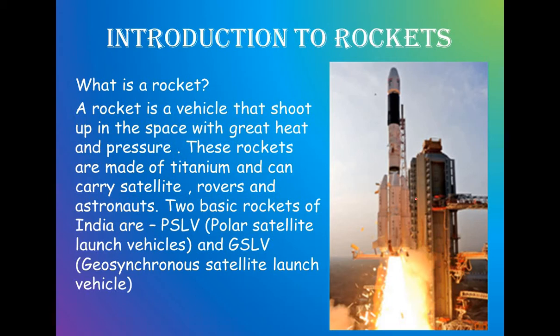When the launch lug disconnects, the more fuel it uses, the more it shoots up. So when the great heat and pressure builds, the launch lug is disconnected, the rocket shoots up, and in 10 to 20 minutes it reaches space.